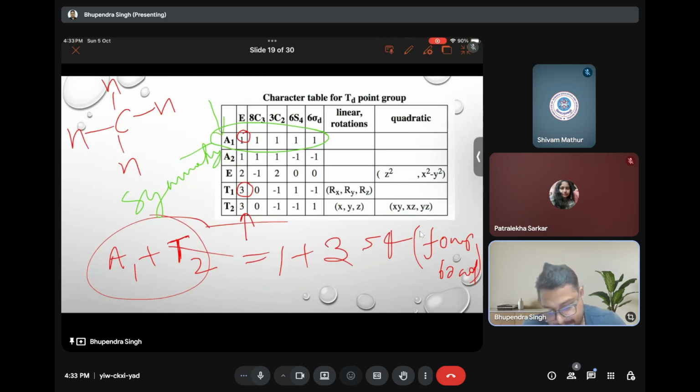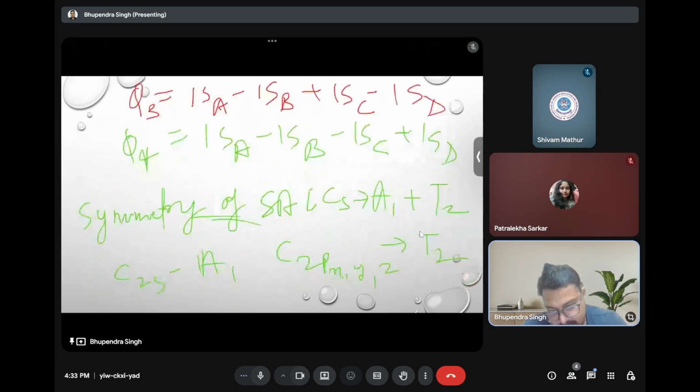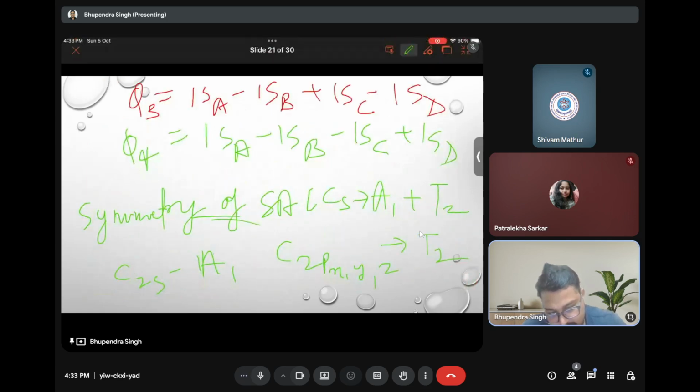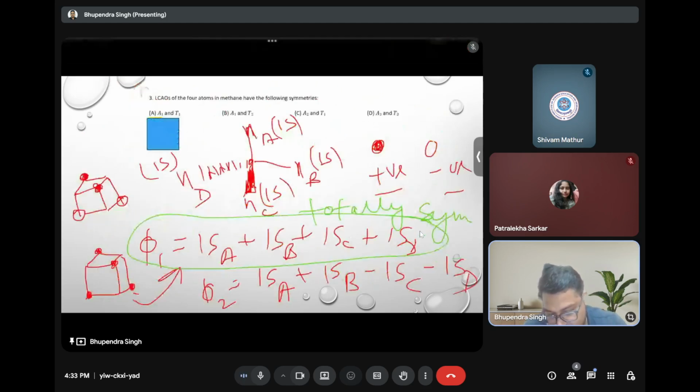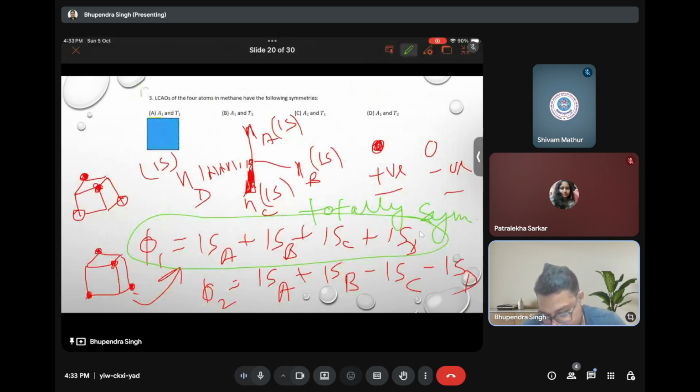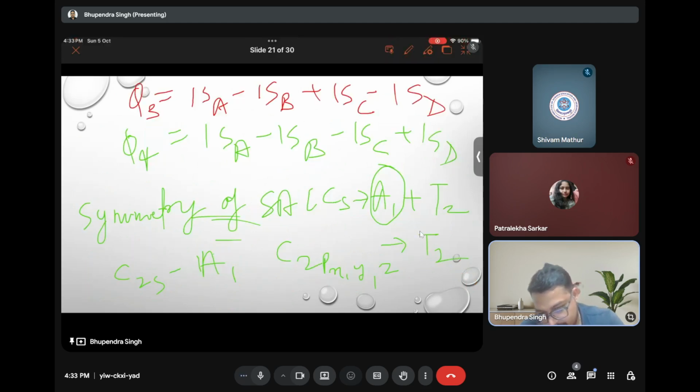That is why this symmetry is A1 here, and from the combination of all these atomic orbitals we got three others also, other than phi 1: phi 2, phi 3 and phi 4.